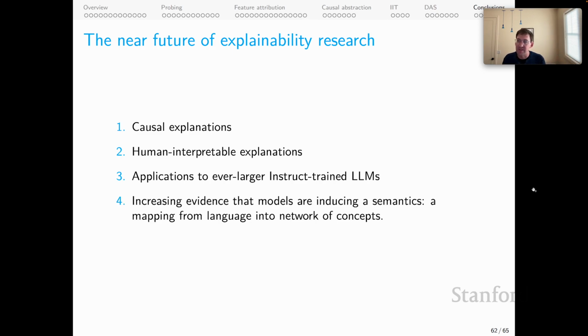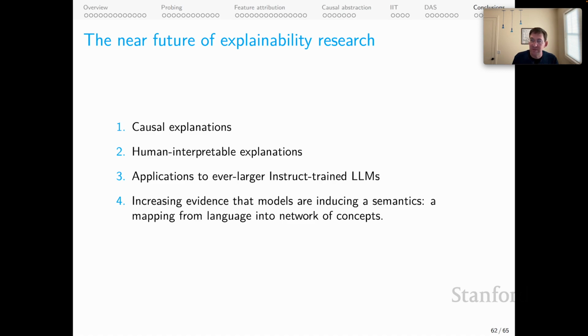And then finally, to kind of return to the previous unit and our discussion of COGS and ReCOGS and compositionality, I think we're seeing increasing evidence that models are inducing a semantics, that is, a mapping from language into a network of concepts.